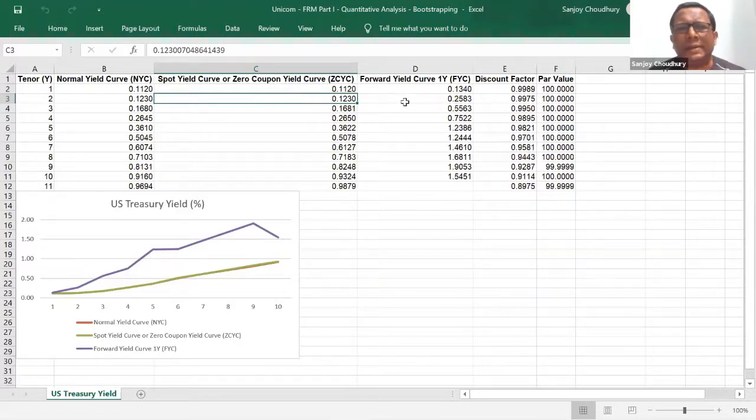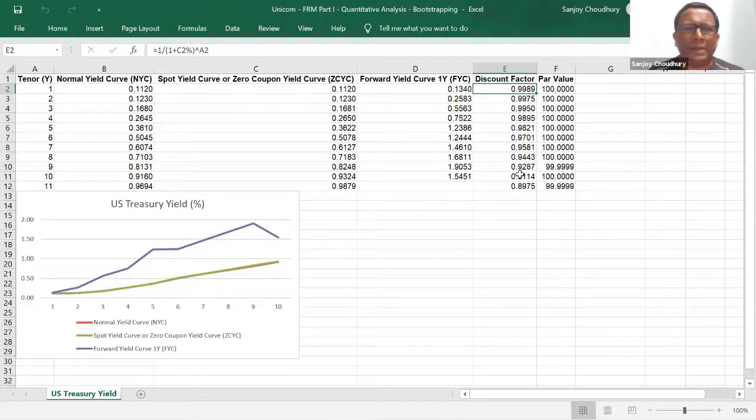As you can see in this spreadsheet, we have column E, which is the discount factor. We are using discrete compounding. In the formula, we use 1 divided by 1 plus the rate of return or yield.